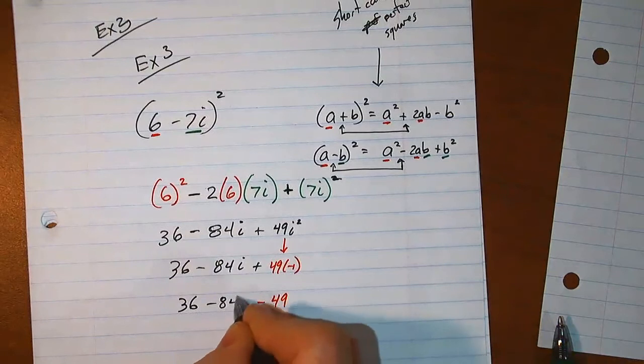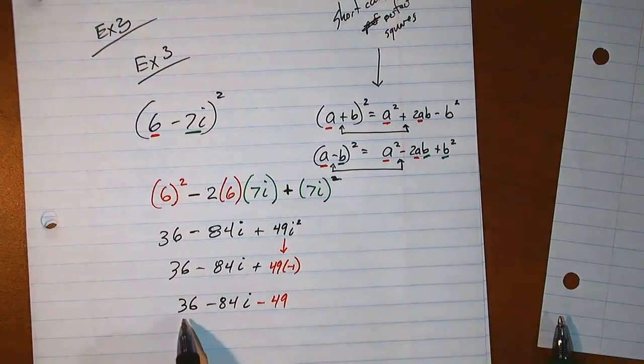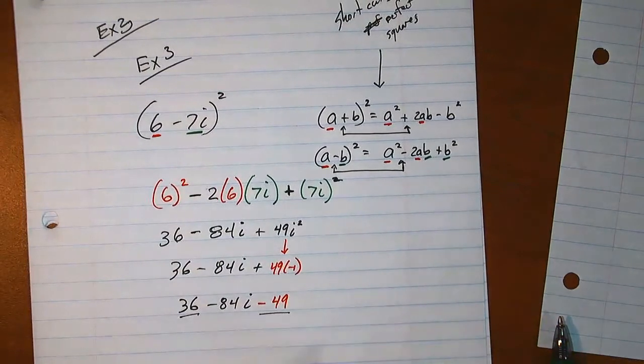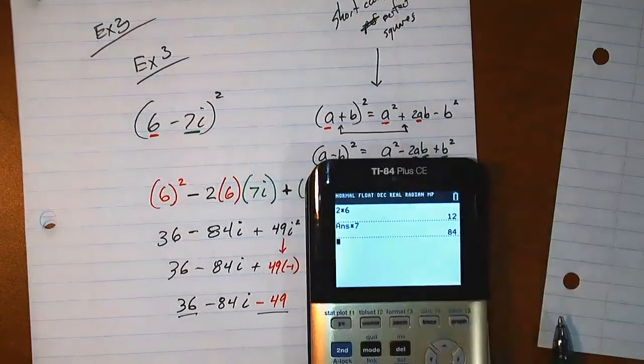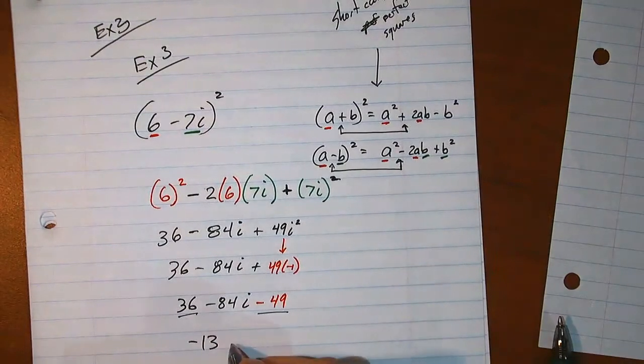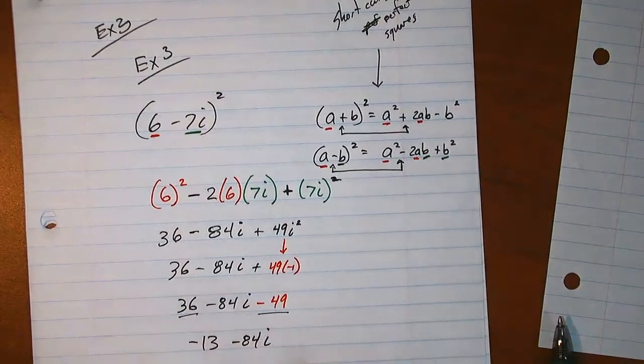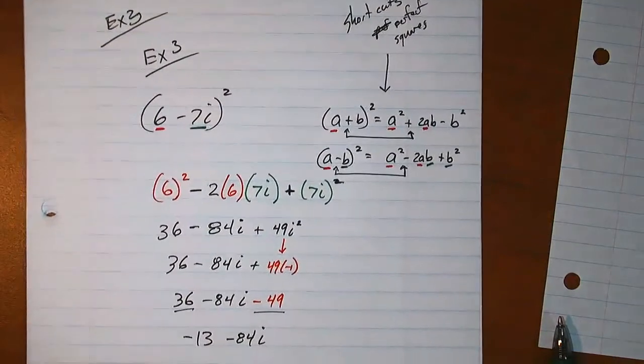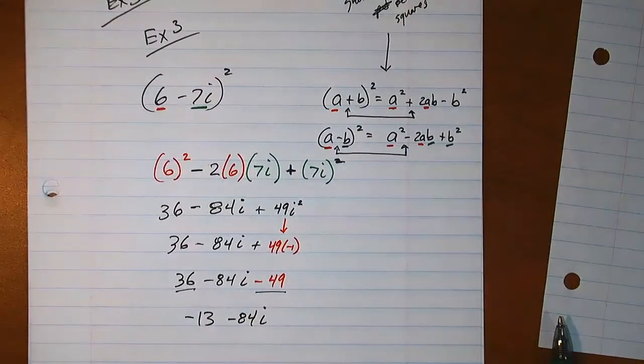And now I can combine together my two real parts. 36 and a -49 is -13. And there's my answer.